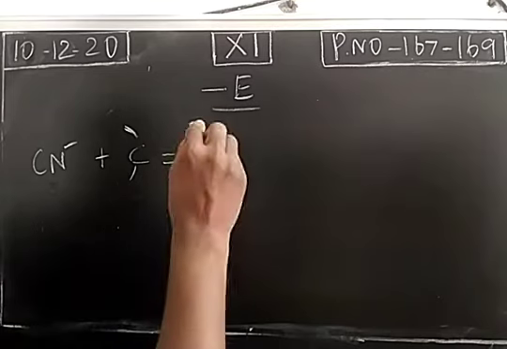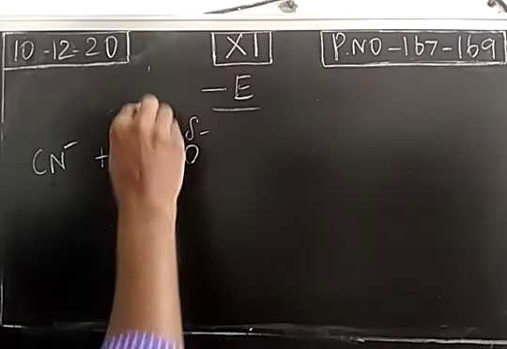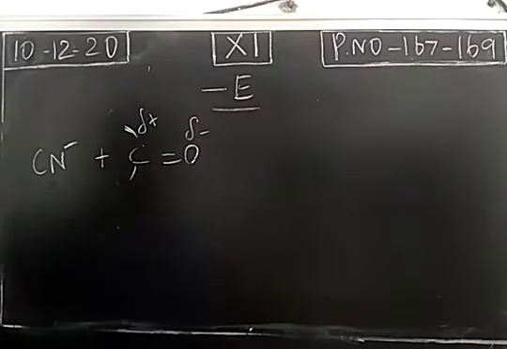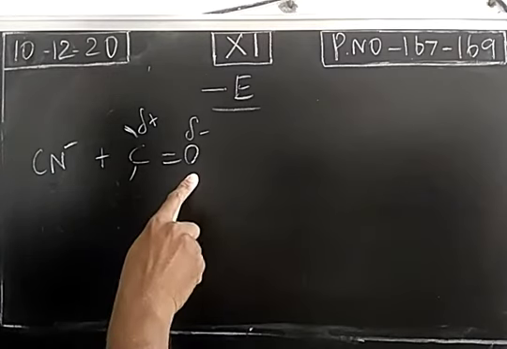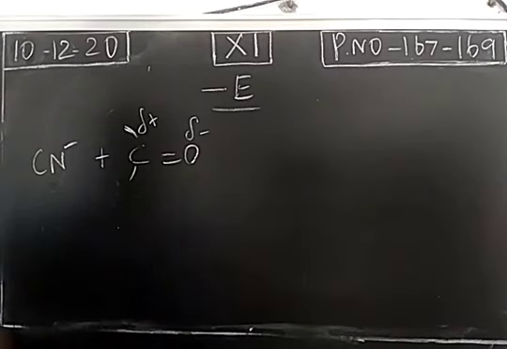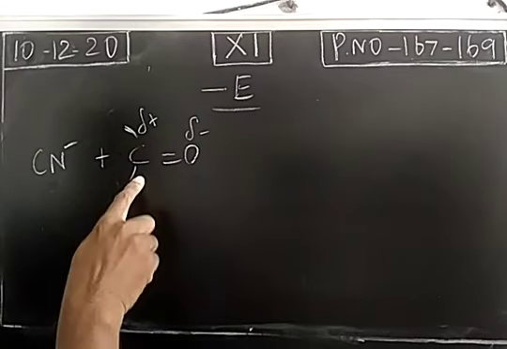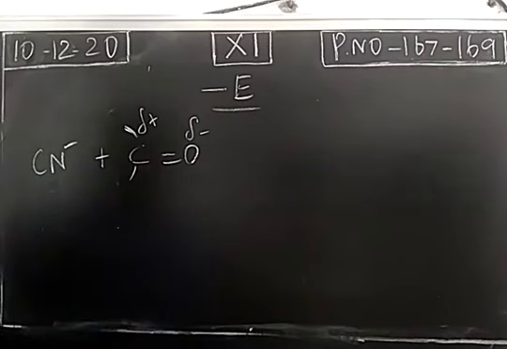So oxygen is getting a slightly negative charge. Carbon gets a slightly positive charge. Oxygen has more electronegativity, so the shared pair of electrons are moving towards oxygen. Oxygen gets a slightly negative charge. Carbon gets a slightly positive charge. So this is electron deficient in nature. This is electron rich in nature.